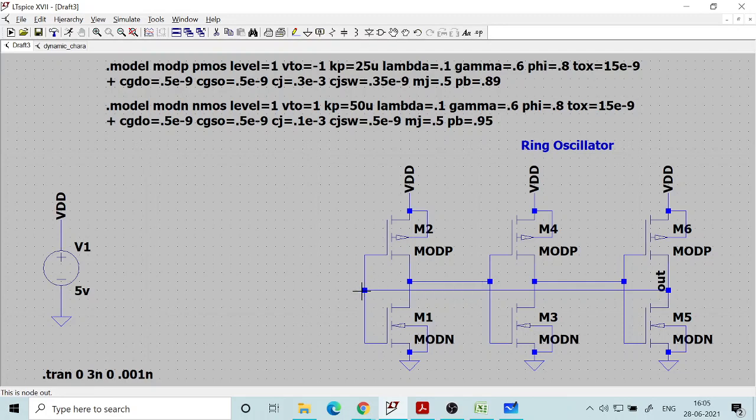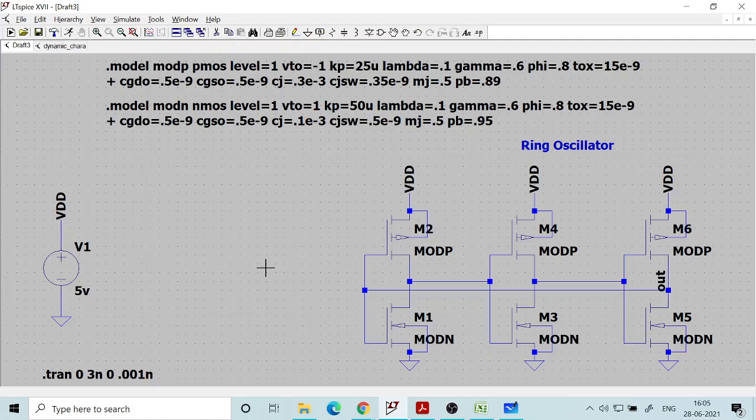Suppose right now the input is 1, so the output of the first inverter should be 0, which is the input to the second, so its output should be 1, and that is input to the third inverter, its output should become 0. Earlier it was 1, so it has to become 0. So this way, if you have an odd number of inverters, it will keep on changing, going from high to low, high to low.